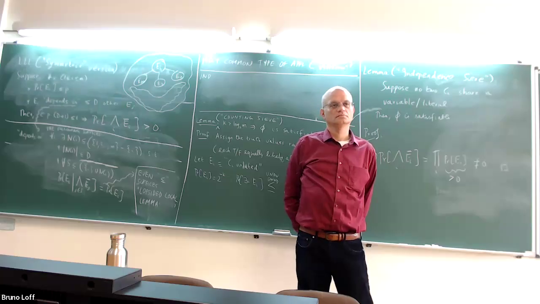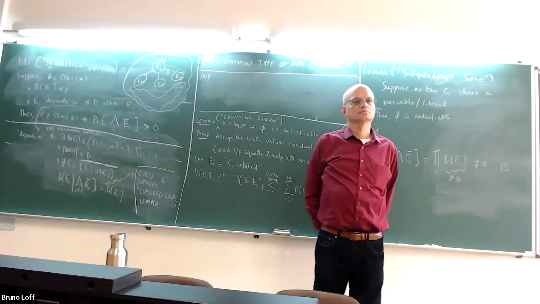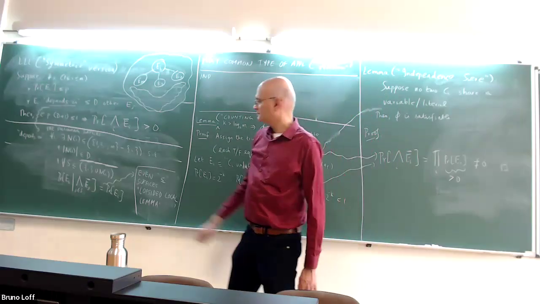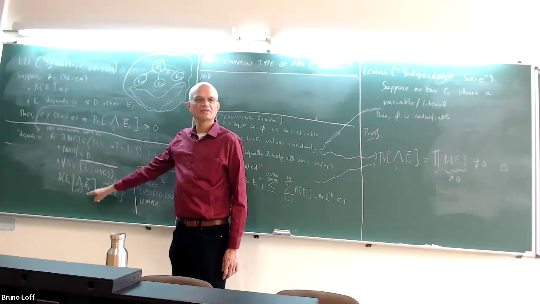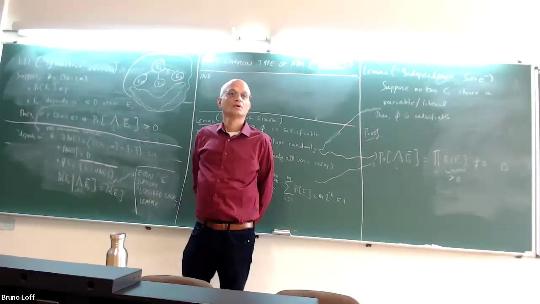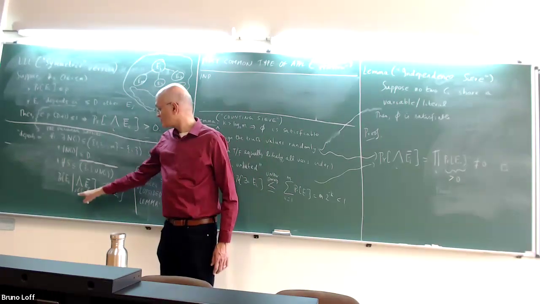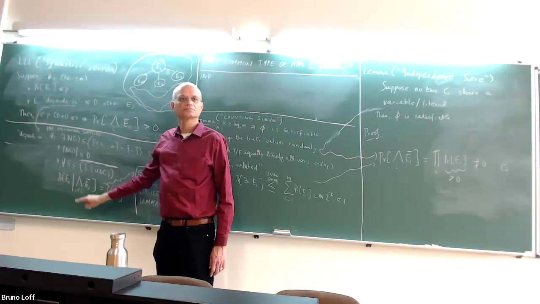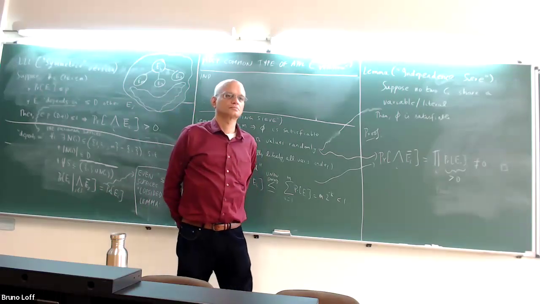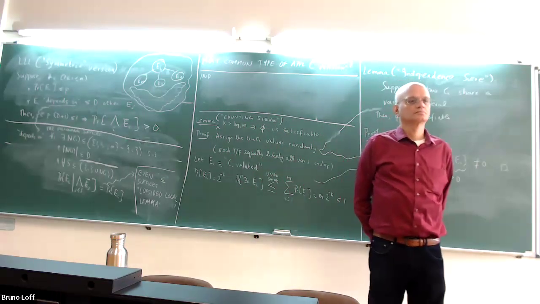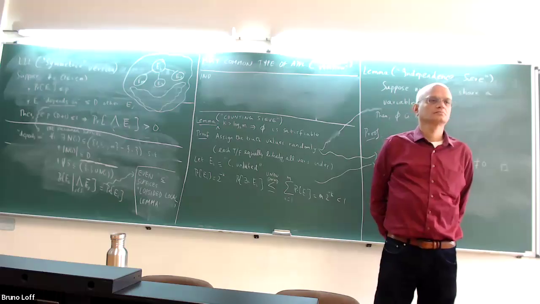Because if I have a clause that doesn't share any variable with this one, whether it is satisfied or not has no bearing on whether this clause is satisfied. Not just one such clause, any number of such clauses. If I take any set of other clauses that don't have a common variable with this one, whether they're satisfied or not is irrelevant to whether this one is satisfied if I choose a random assignment.